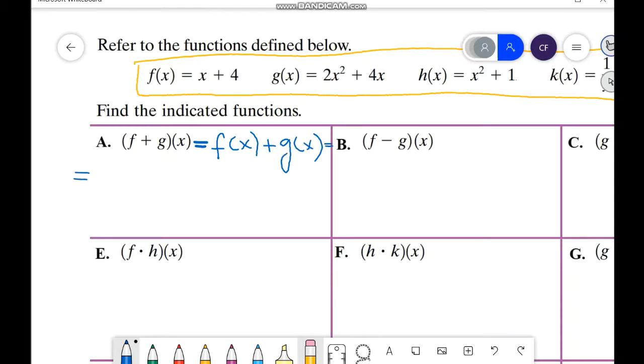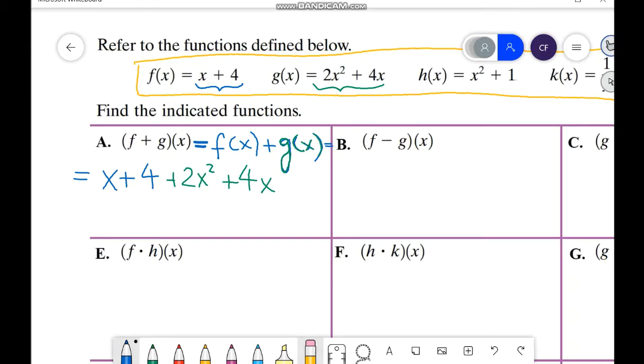Which equals. Check what's f of x. F of x is x plus 4. Now check what's g of x. And g of x is 2x squared plus 4x. This is g of x, right?